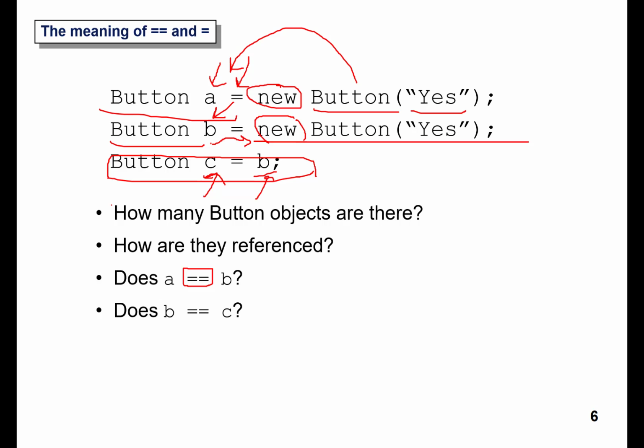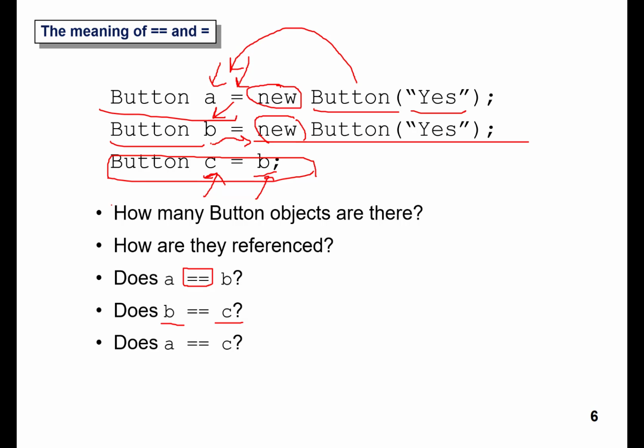So now both C and B are pointing to exactly the same object. So if I'm asking does B equals C, clearly the answer should be yes, because there are two references that are pointing to the same object.